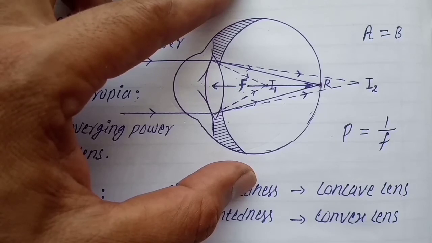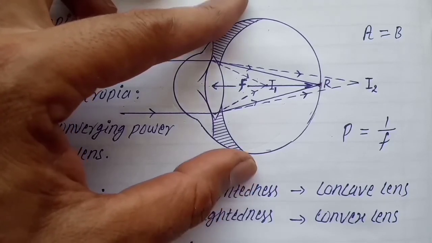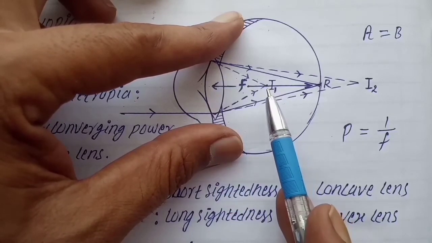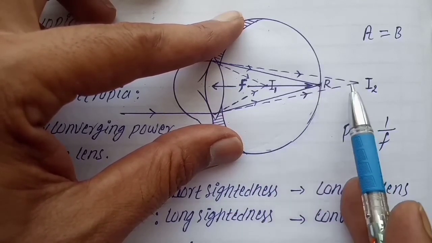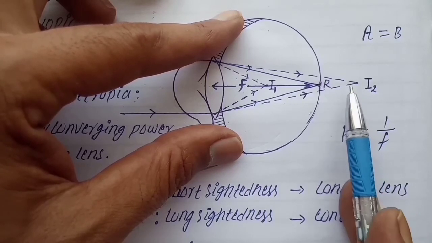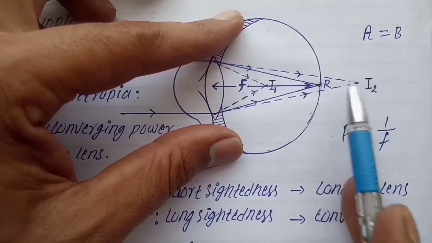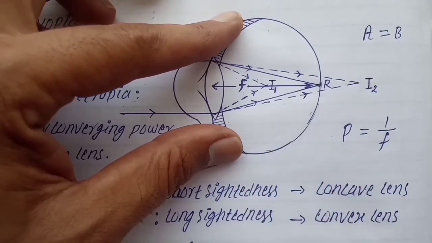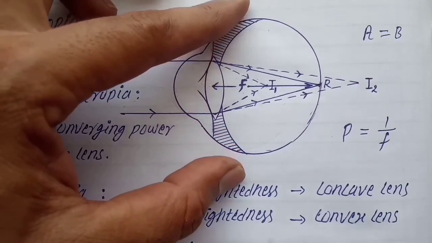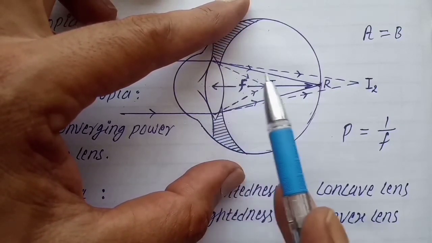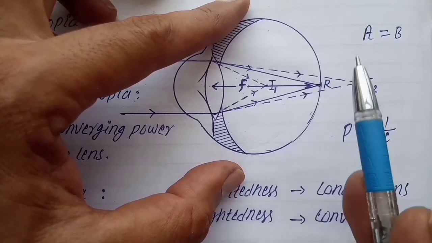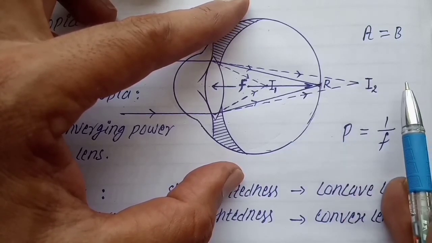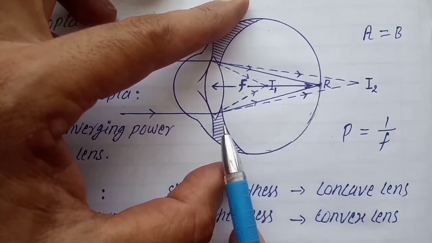When the ciliary muscle contract, the size of lens decreases, its focal length decreases, and viewing distance also decreases, means in this case we can see only short distance object, means short sightedness, myopia. And when the ciliary muscle expand, the size of lens increases, focal length increases, and viewing distance also increases. In this case we can see long distance object, means long sightedness, hypermetropia.